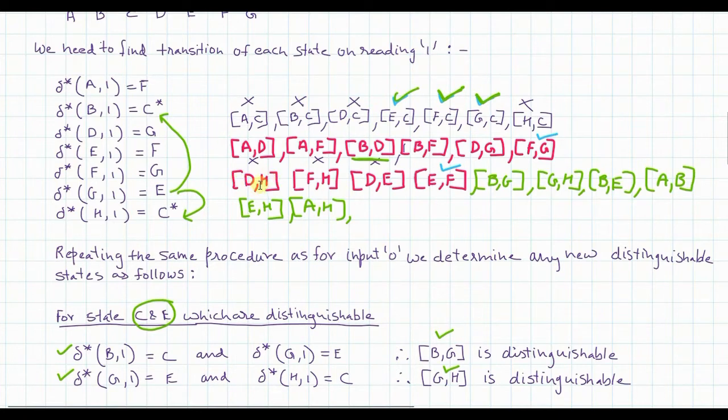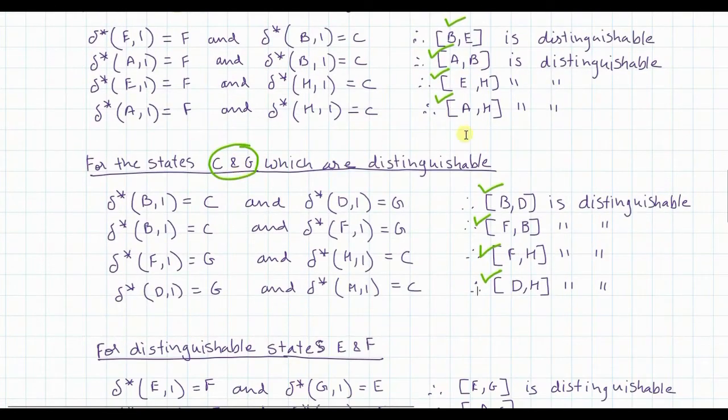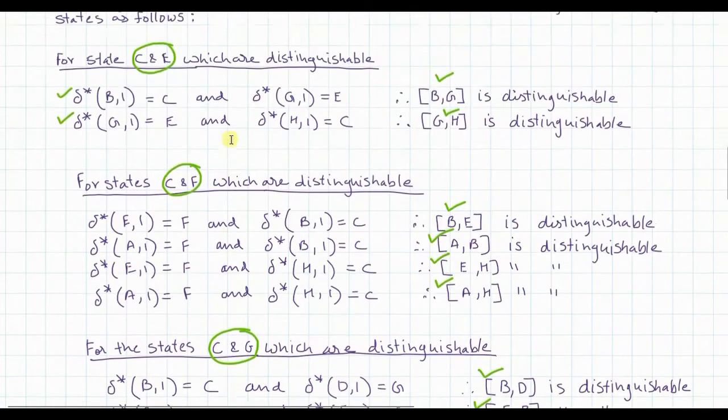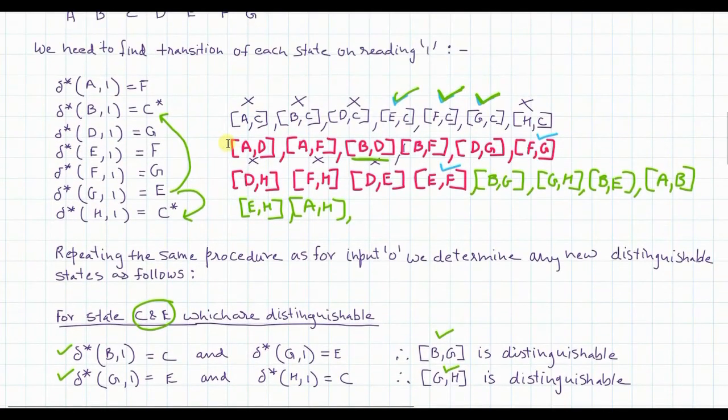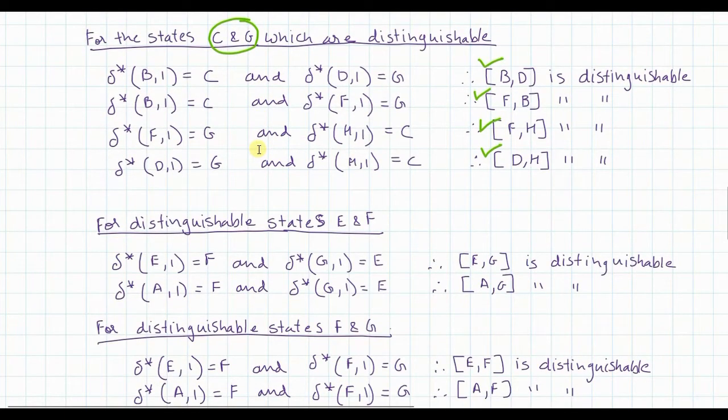So you don't have to add it again, which also means that in the table D comma H would have been already marked with X in the previous iteration. So this is the only combination that we get with C and G. Okay, so we have considered G and C.